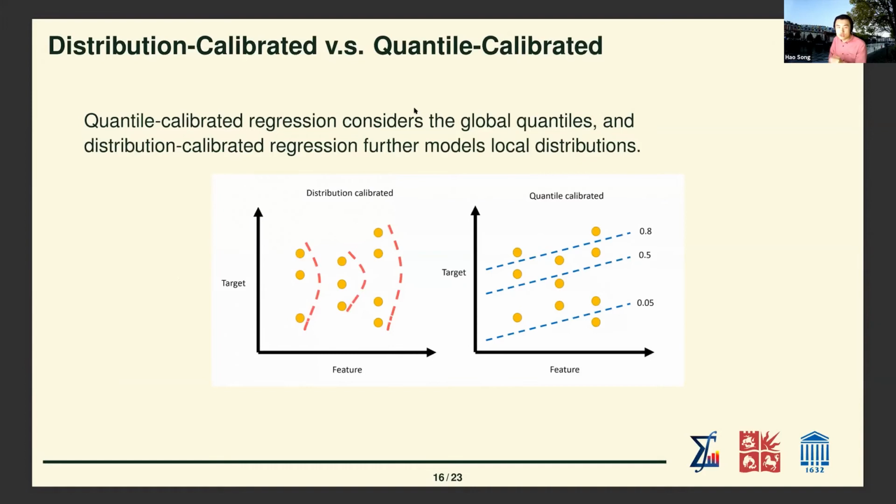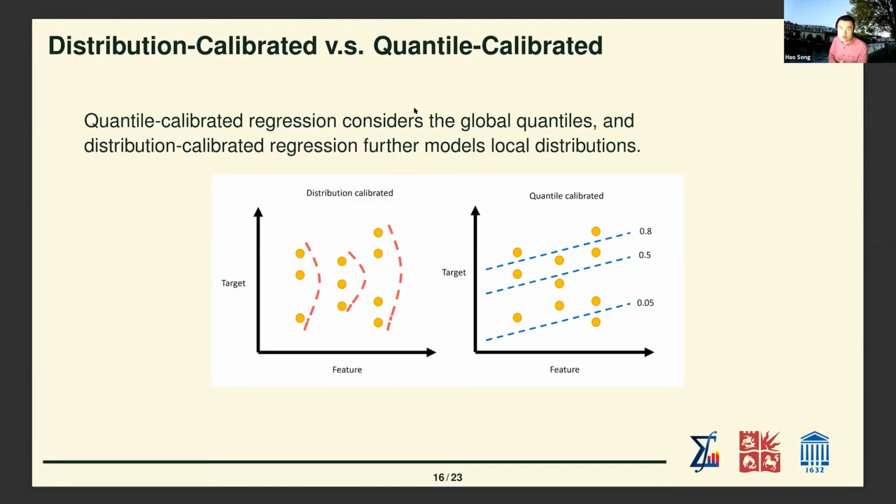There are many more details, but given the limited time, we just give a quick example to illustrate the difference between distribution calibrated and quantile calibrated. Again, the right figure would be the same as the previous one. You only consider the dashed line that goes across all the feature space and represents the global quantile. However, in distribution calibration, you go back to the individual case.